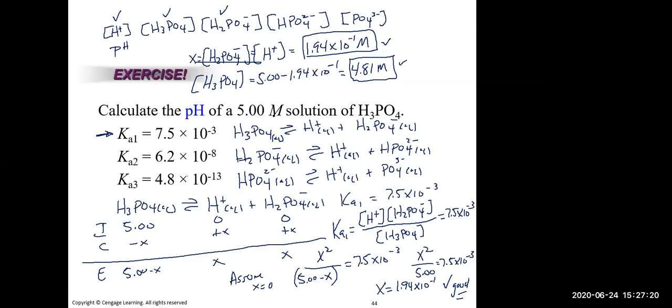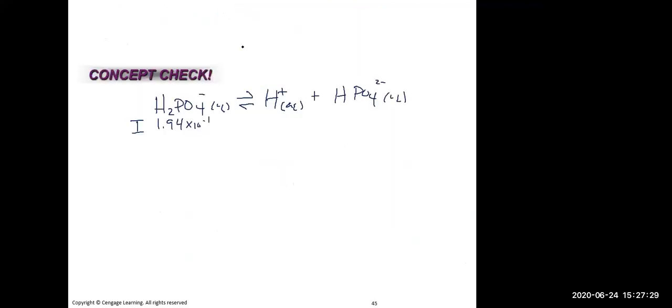At the end of the first ICE table we also had H plus, so we also have 1.94 times 10 to the minus 1 of H plus, and this would be 0. So our equilibrium concentrations from the first ICE table will now become our initial concentrations in the second ICE table. Any questions on that so far?